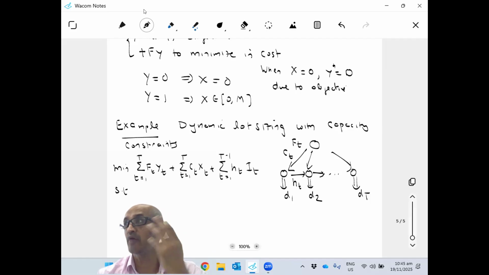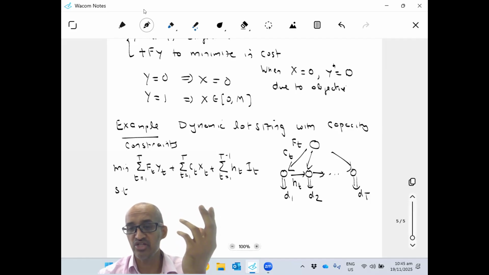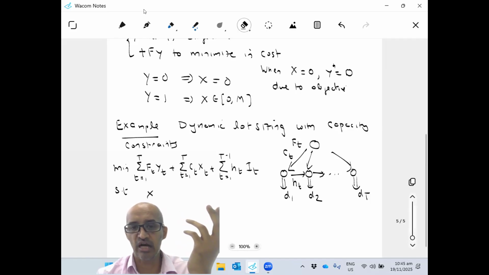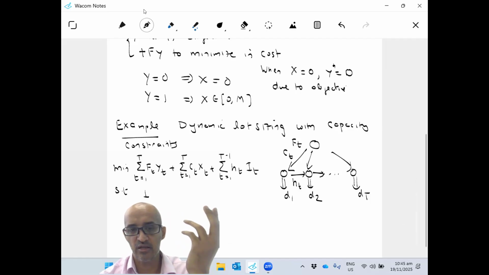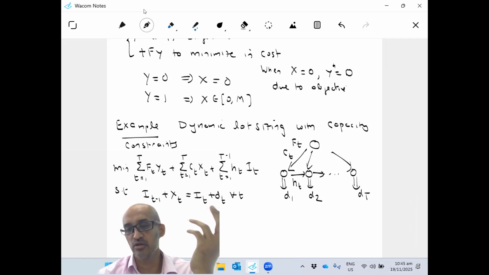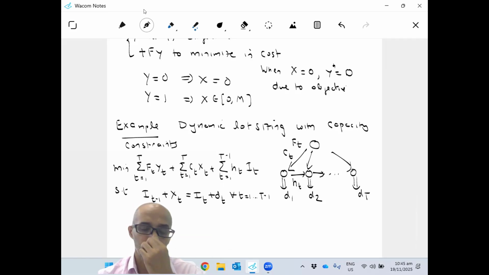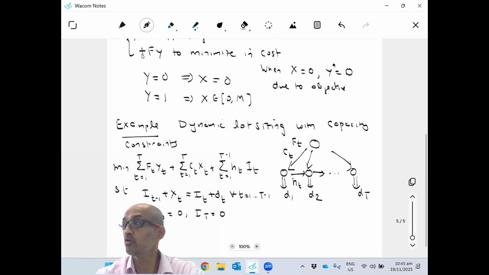What do you have in this problem? You have flow conservation constraints. Essentially, in any time period, the inventory coming in to time period T, plus the amount you produce in time period T, is the inventory going out of time period T plus the demand. This is flow conservation. Starting inventory is zero, ending inventory is zero. All this we have done before.